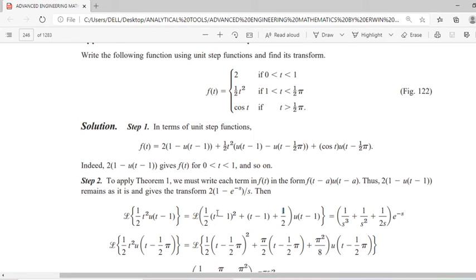So it is just a rearrangement of t square by 2 like this, and that into u of t minus 1. So what is the Laplace transform of this function? 1 by s cube. Not 1 by s cube, I think 1 by s square by 2, that is e raised to minus s times something by s square by 2.